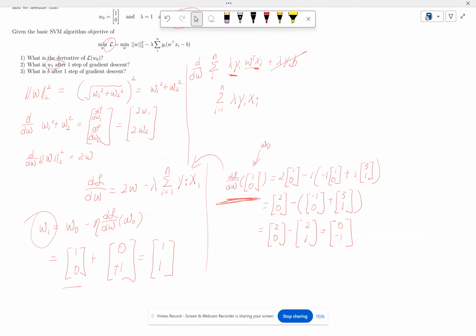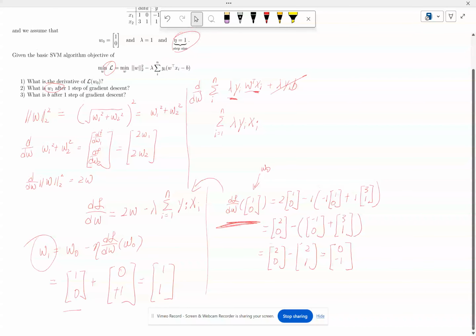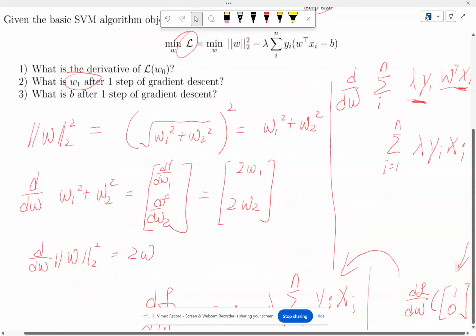So make sure you make it very clear where the answer is. Anyways, for gradient descent, the whole point is find a derivative, then take one step of gradient descent, and then after that, you have it. So part 3 is B.